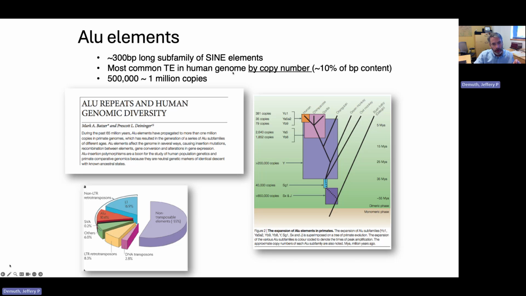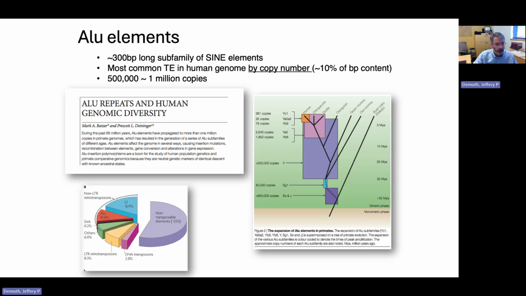The transposon that is the most common by base pair is the L1, and this is a type of LINE element, right? So that's the autonomous version of this retrotransposon. And so the ALU elements are using the L1 machinery. The reason there's more base pairs in L1 is that it's just a bigger transposon.